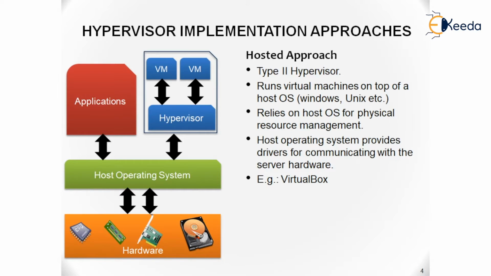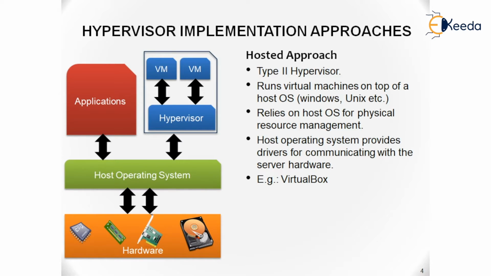Now, every OS appears to have the host processor, memory, and other resources allotted solely to it. However, the hypervisor is actually controlling the host processor and resources, and in turn allocates what is needed to each OS. That is one of the important roles performed by the hypervisor.